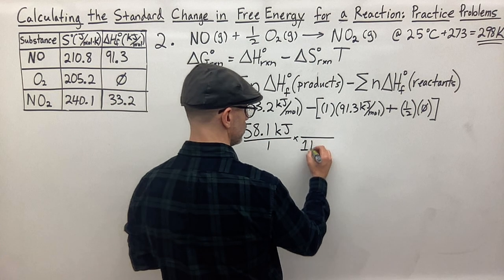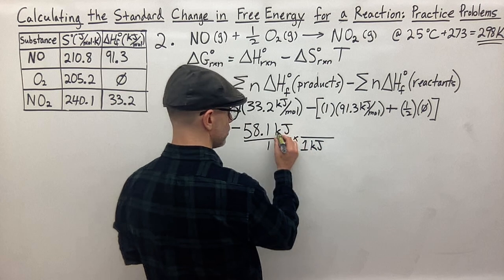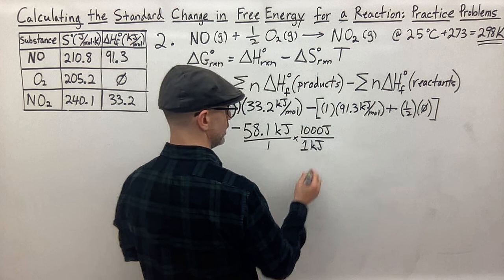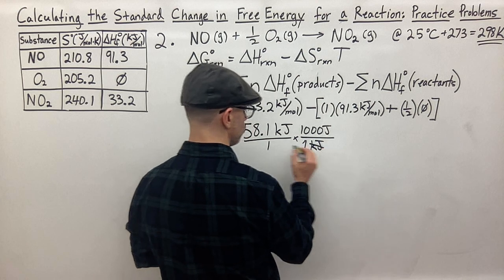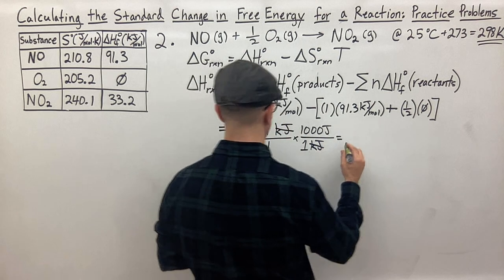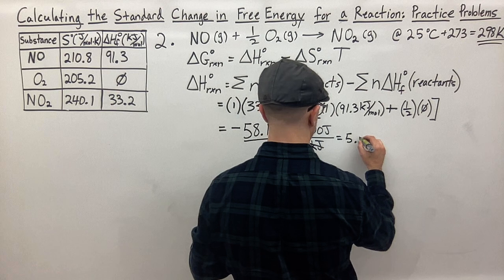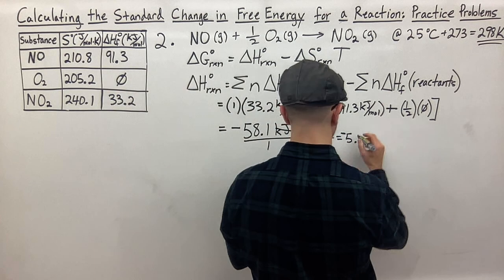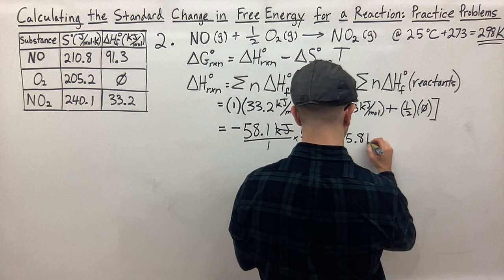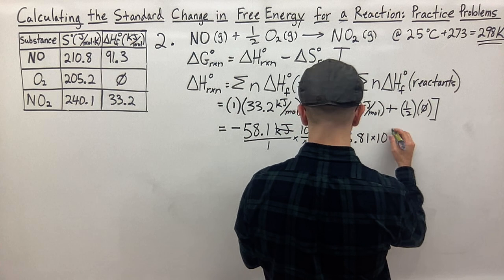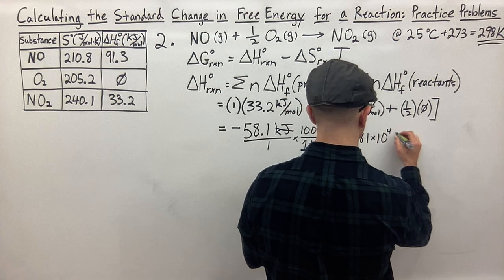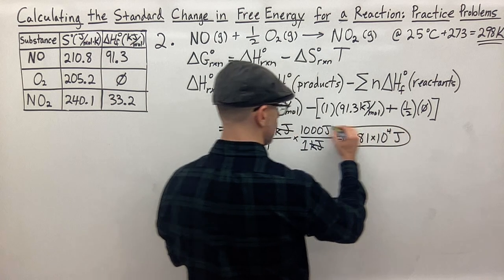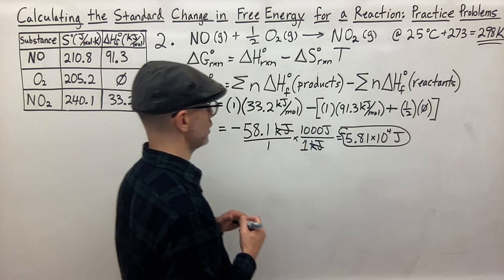We'll put 1 kilojoule on the bottom to cancel out here, and 1,000 joules on top. So kilojoules cancels out, and we end up with negative, can't forget the negative, 5.81 times 10 to the 4th joules. So this is our standard enthalpy change of a reaction.